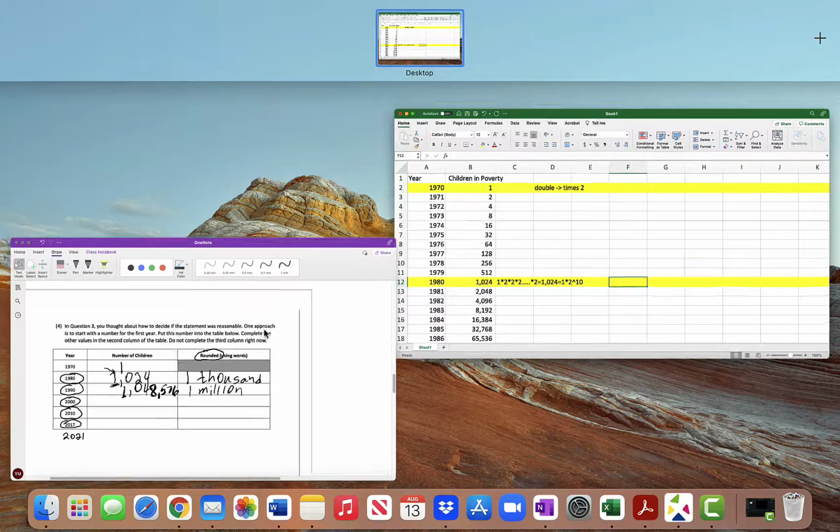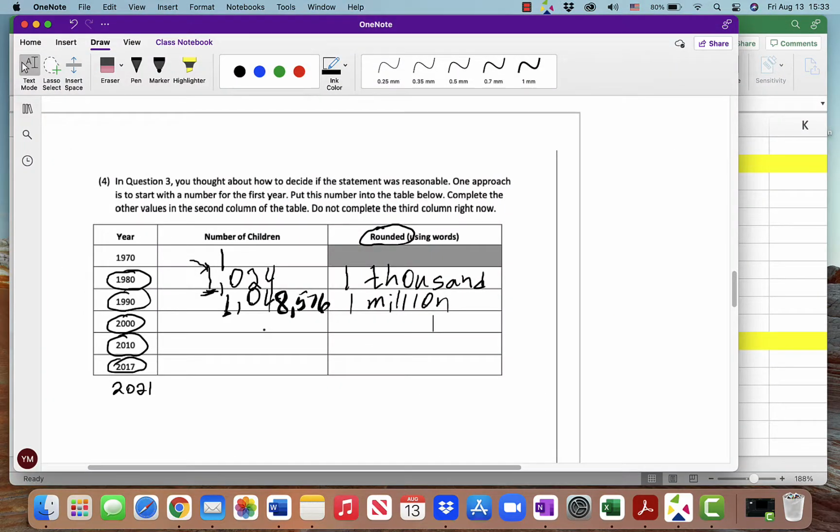Let's come back to here, and let's write that out right here. When we got to 1980, we could have gotten an answer by using 1 and multiplying it by 2 to the power of 10. On your calculators, check this out.